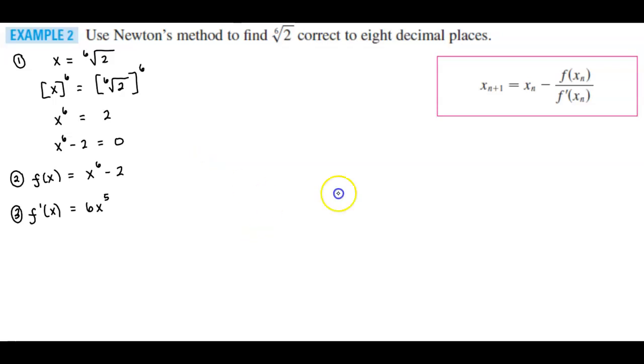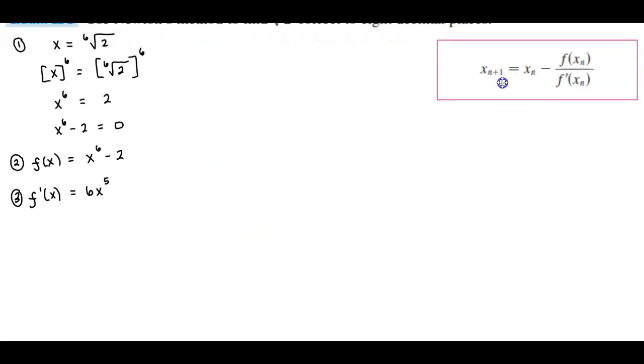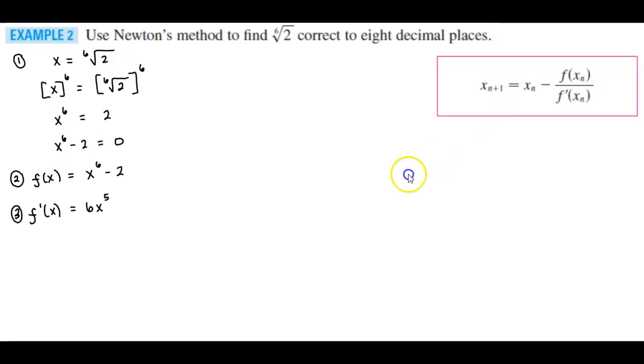Okay, so now we're going to use the formula for x subscript n plus 1. In step number 4, we have x subscript n plus 1, and that's going to equal x subscript n minus f of x subscript n, which is x subscript n to the 6th minus 2 in the numerator.